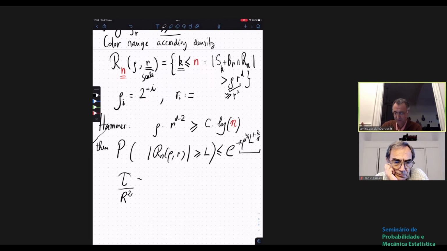The time is the number of monomers, I have L of them. And the volume is such that these monomers are at a density rho, so they are at a distance from each other like the volume is L over rho to the power 2 over d. This will give you the correct scaling. So it's just a localization event.